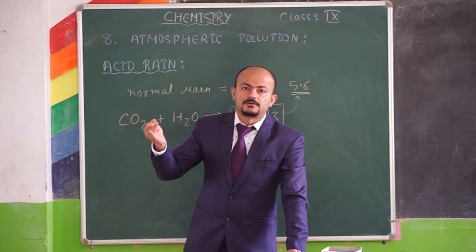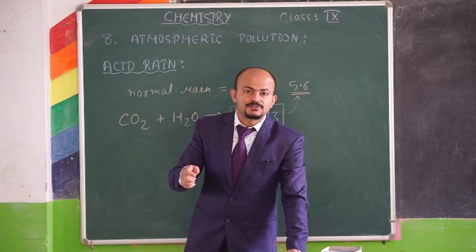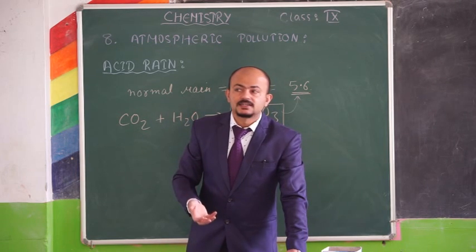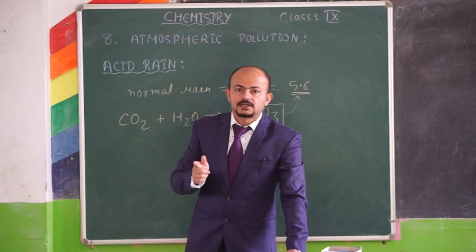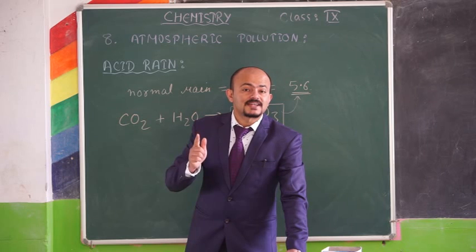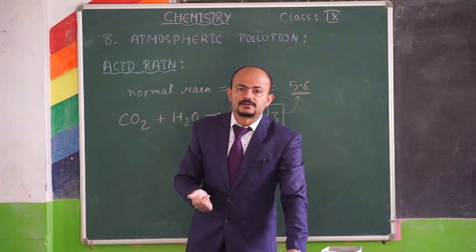Now whenever they are formed and they come back as the precipitation, here precipitation means rainfall, snowfall, etc., then we get acid rain. So you have to remember the main cause of acid rain is because of the oxides of nitrogen and oxides of sulfur.